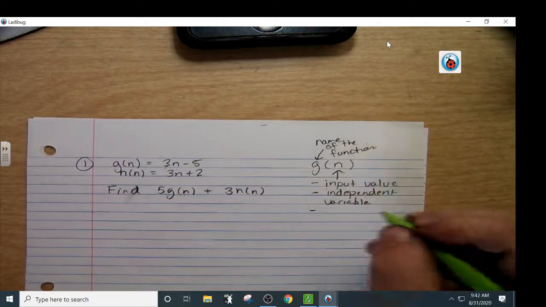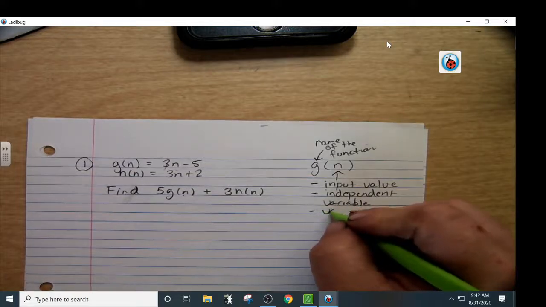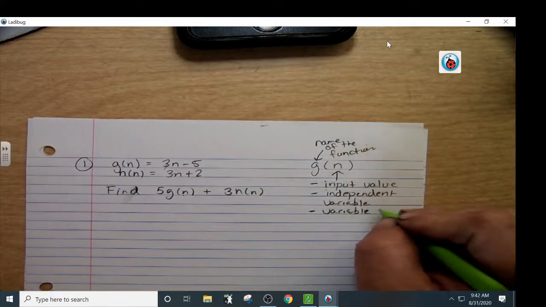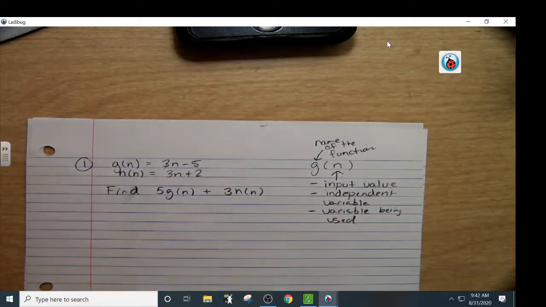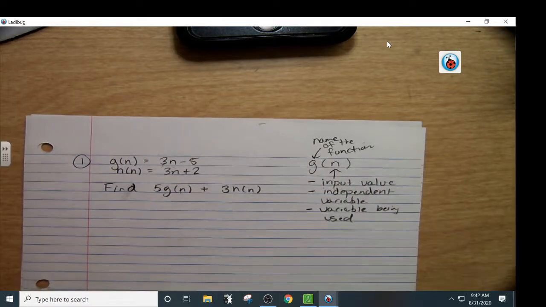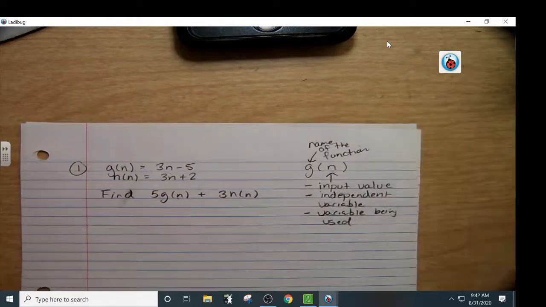In everyday terms, it is the variable being used. So g of n, the variable being used is n. If it's g of x, you'd be using the x value. Now remember, it can be an input value. So if you see a number here, you'd put that number in there. But until we get a couple examples under our belt, it won't start making more sense.